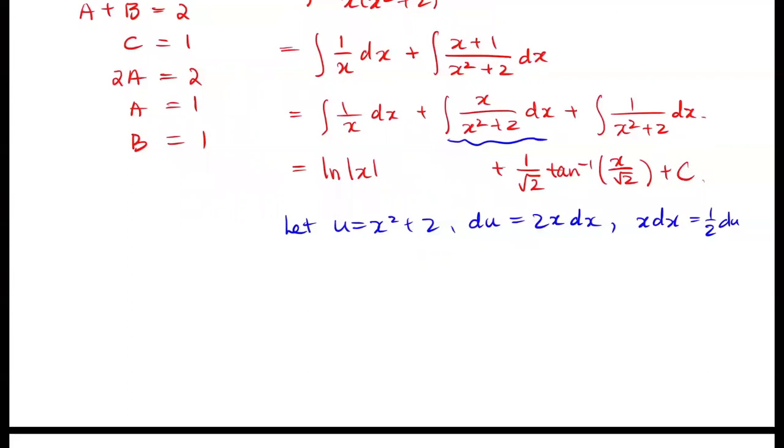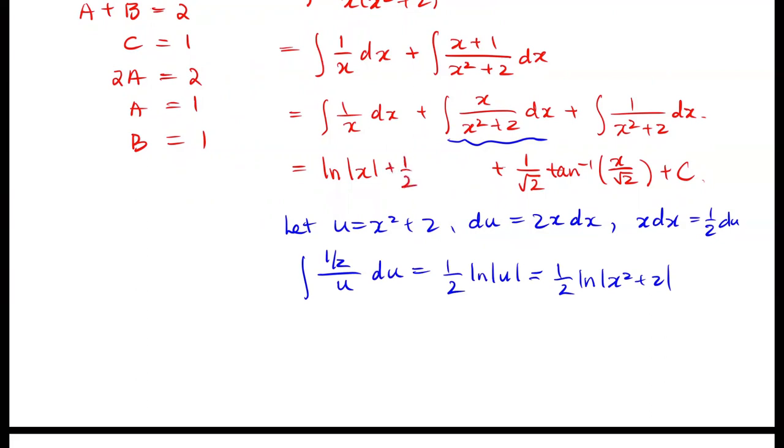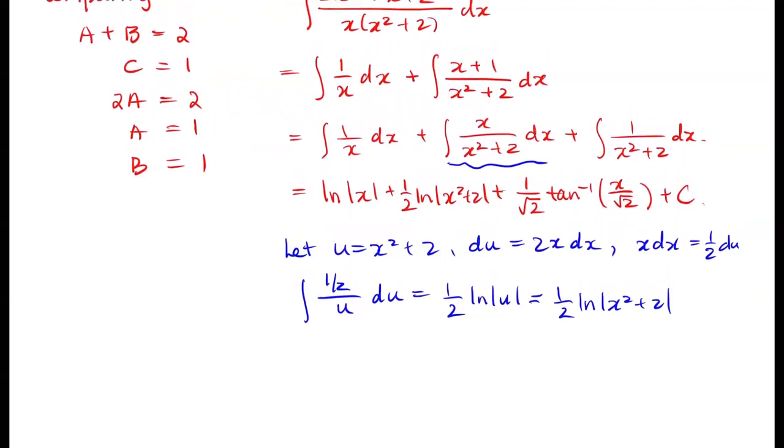Let me write this down. We have half divided by u du, half of ln of u, and that is then going to equal half ln of x squared plus 2. All right, so that's the integral for the second. So we have plus 1/2 ln of x squared plus 2. All right, so that was it for this third example.